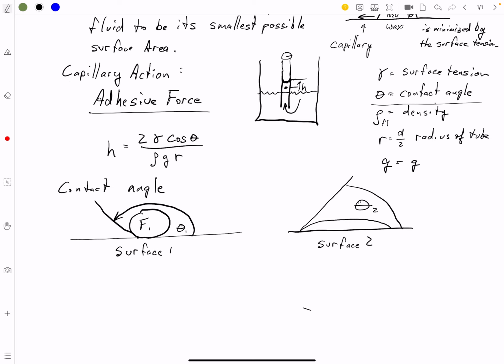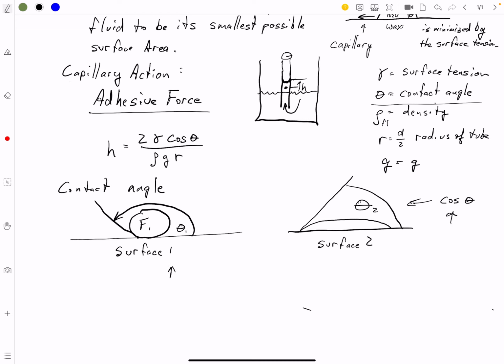So when we figure out the cosine of something, it's higher, and it can only range between 0 and 1. So it's closer to 1 when this contact angle is larger. Our adhesive force for the capillary action gives us a higher cosine of theta in this situation than this situation.